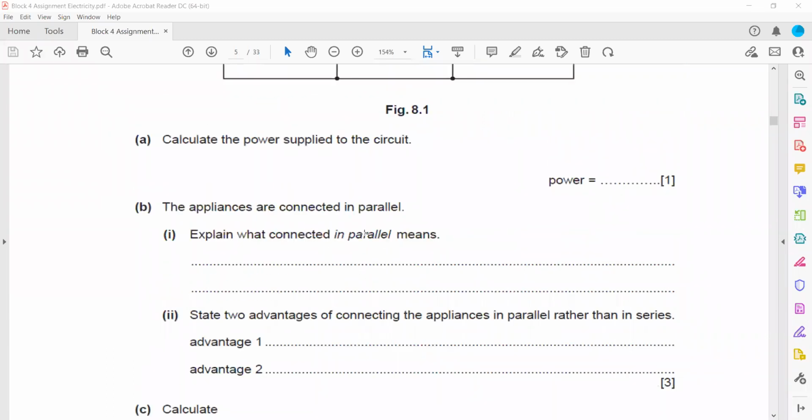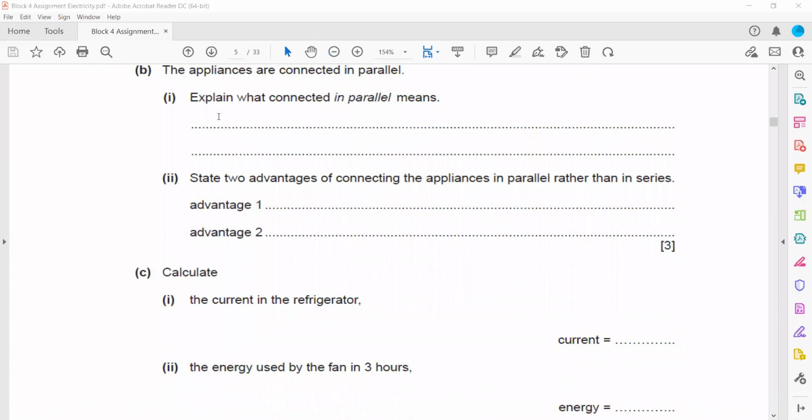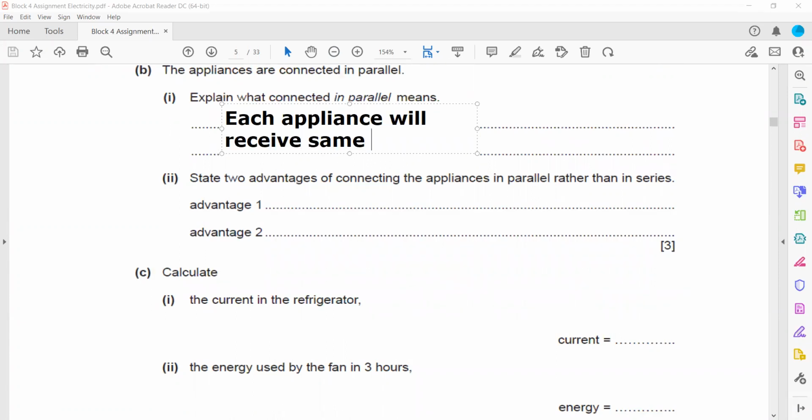The appliances are connected in parallel. What is meant by connected in parallel? Connected in parallel means a separate connection for each appliance, or each appliance will receive the same voltage. Then, two advantages of connecting them in parallel rather than in series.